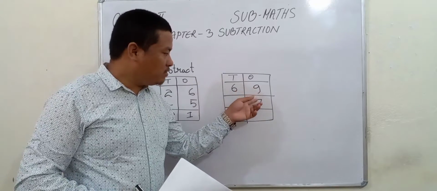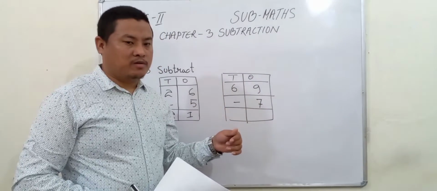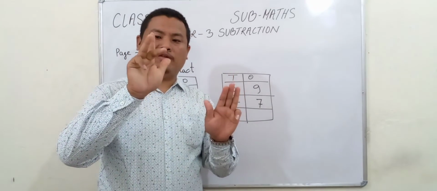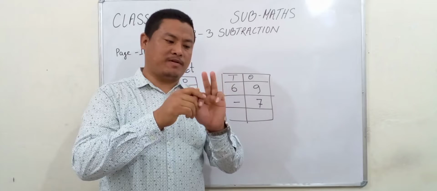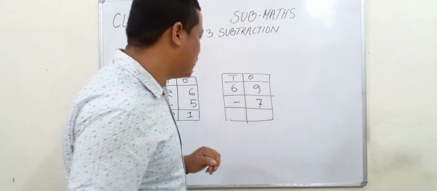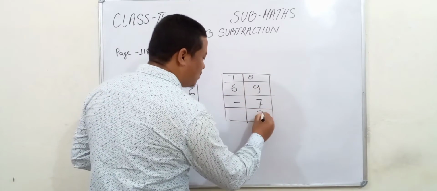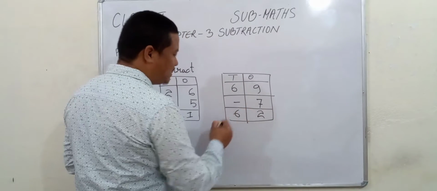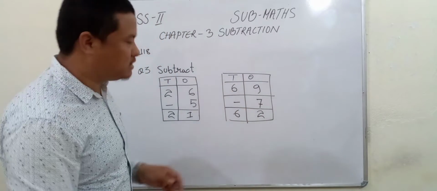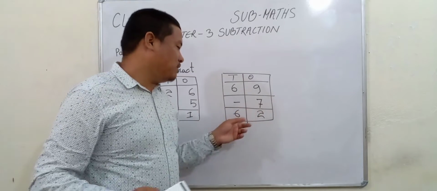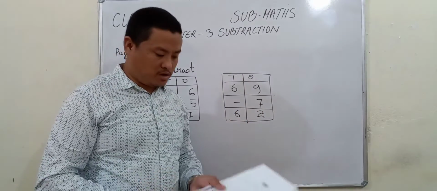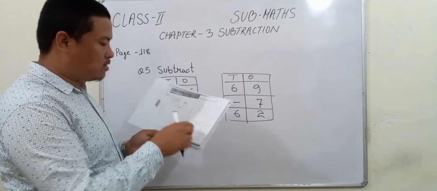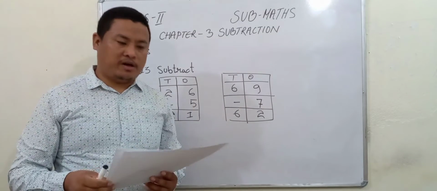From 9 you take out 7. 1, 2, 3, 4, 5, 6, 7. So how much remains? 2. 9 minus 7 is also 2. And 6 minus there is nothing, so we'll write down here 6. It's very easy. 69 minus 7, we got 62. Okay, the remaining 4 questions, 1, 2, 3, 4, you have to practice at home.